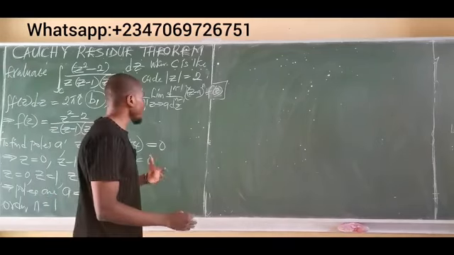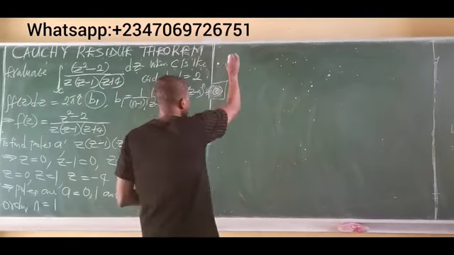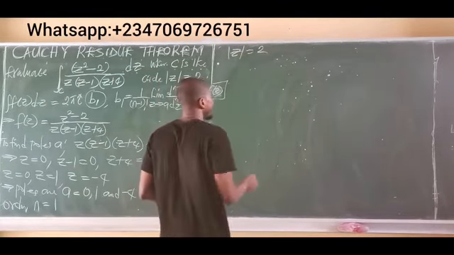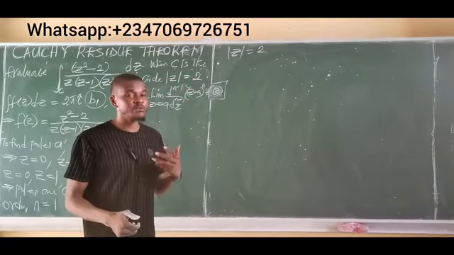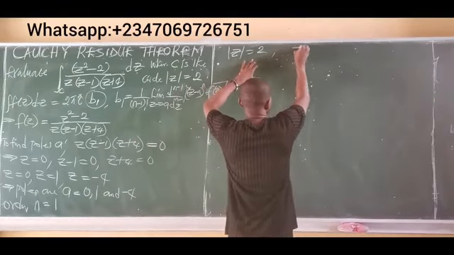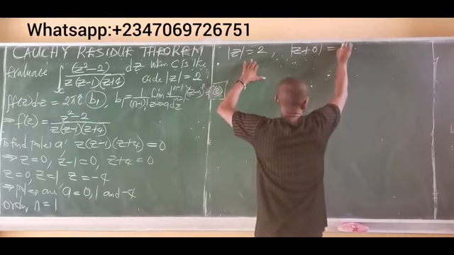So to check if these poles are within the cycle, you were given your cycle |z| to be equal to 2. And I explained when we did complex analysis that this simply means |z plus 0| is equal to 2.